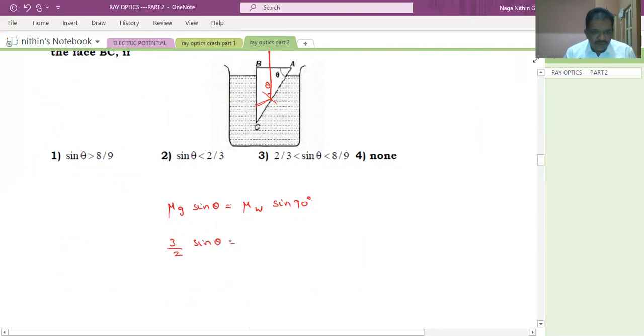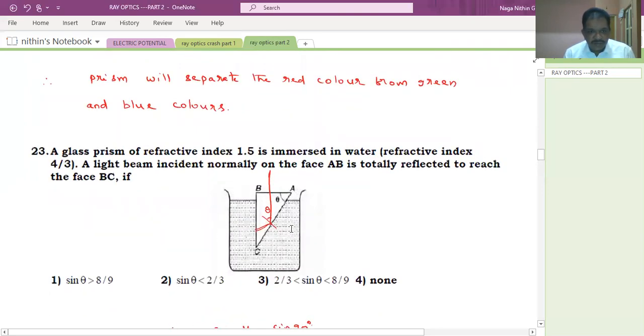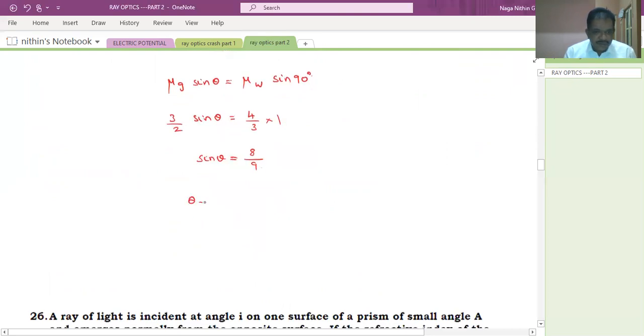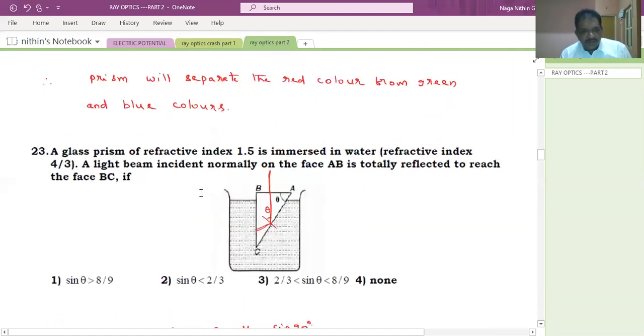Water they gave refractive index 4 by 3. So sine theta is equal to 8 by 9. Okay. Theta is equal to sine inverse 8 by 9.